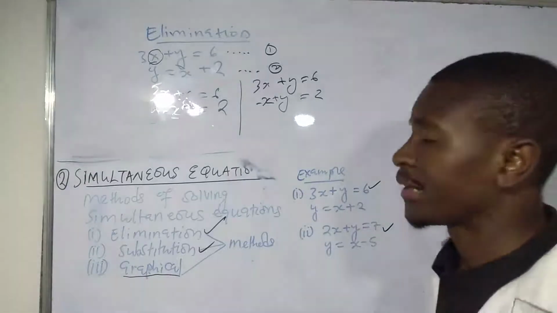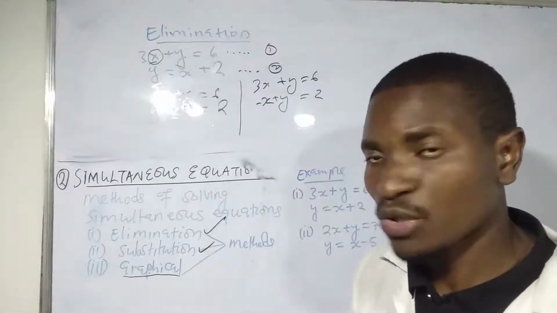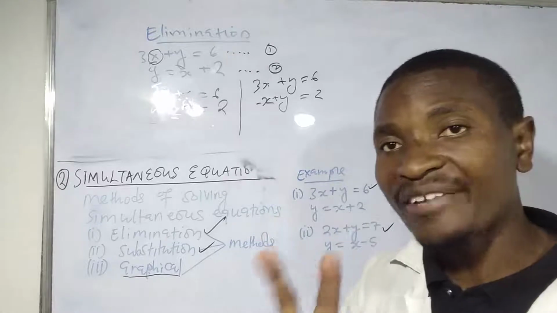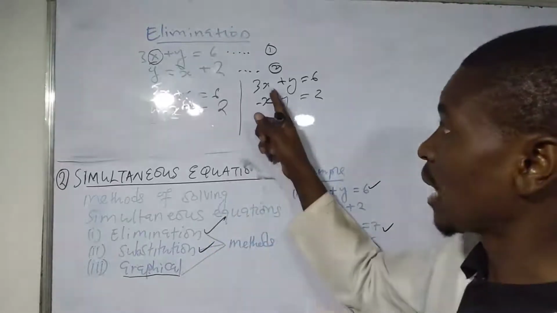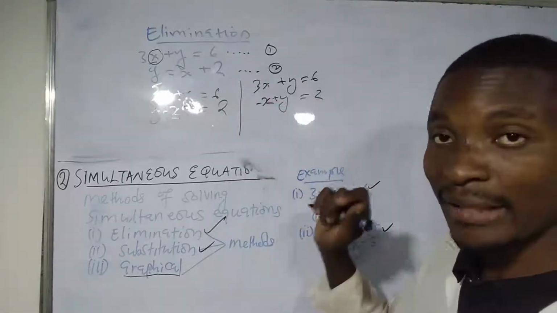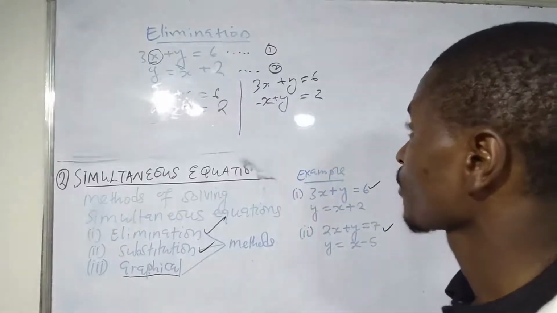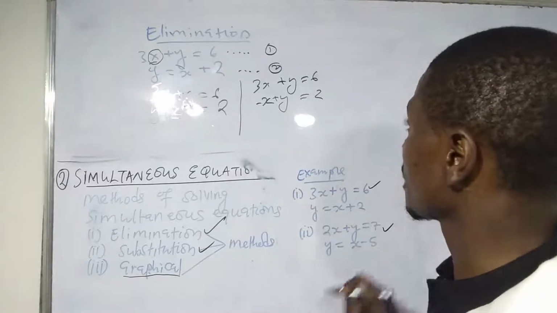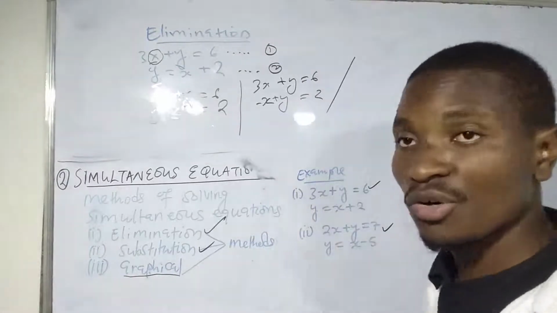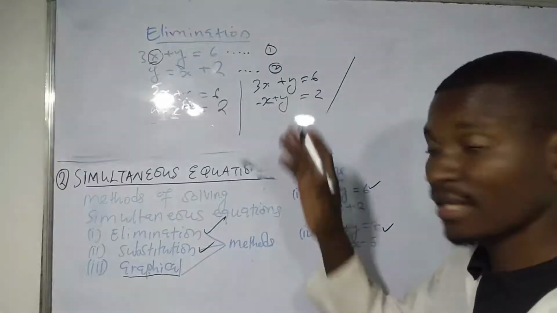Now when they say elimination, what you're supposed to do is ensure that one variable will be cancelled, either the x or the y. So I'm going to choose that we cancel the x. If I'm going to cancel the x, then I draw a line at the far end.